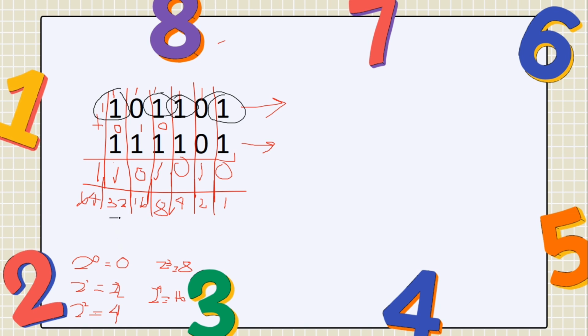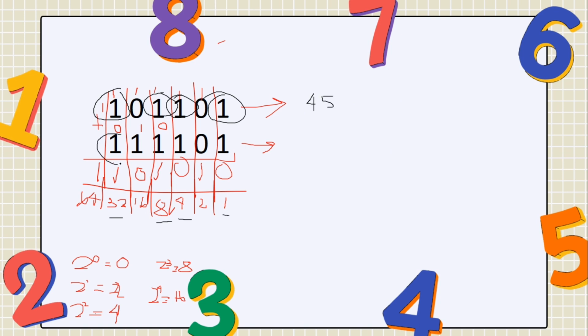This is the 32. For the second one, 8 plus 4 plus 1 equals 45.